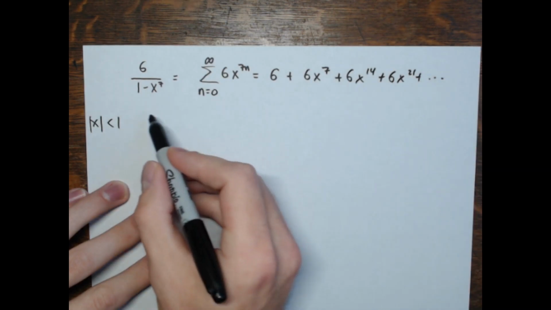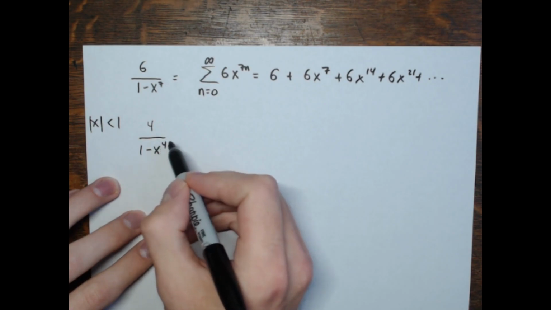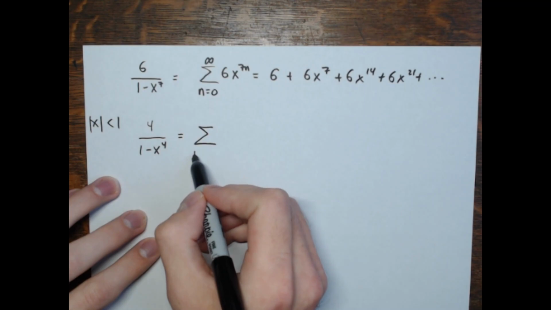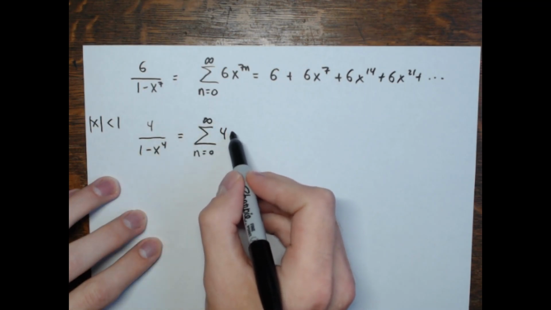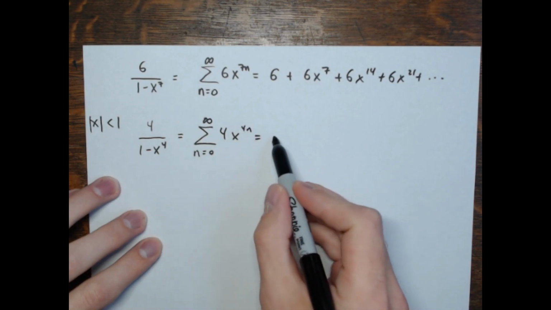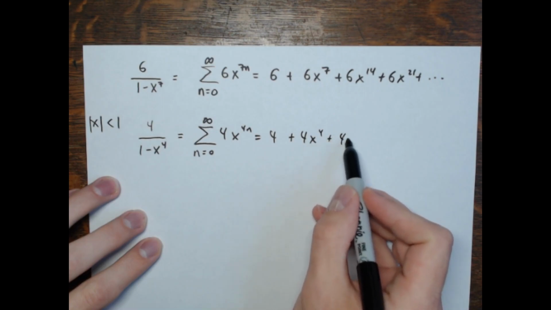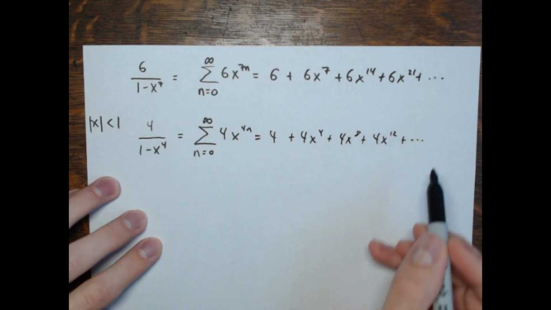Then our other function, 4 over 1 minus x to the 4th. When x is between -1 and 1, this series will converge to this function: the sum of 4x to the 4n. So it's 4 plus 4x to the 4th plus 4x to the 8th plus 4x to the 12th, and so on.